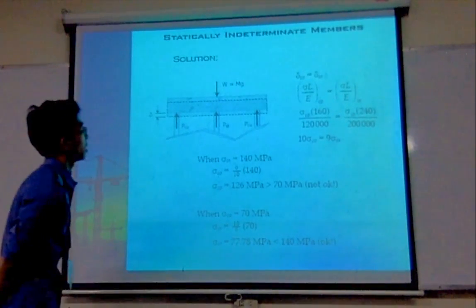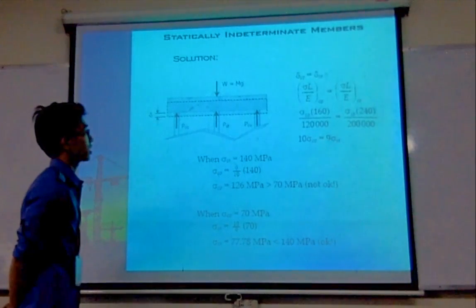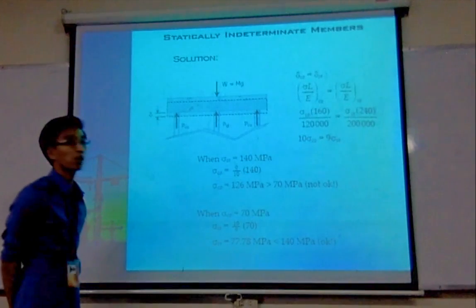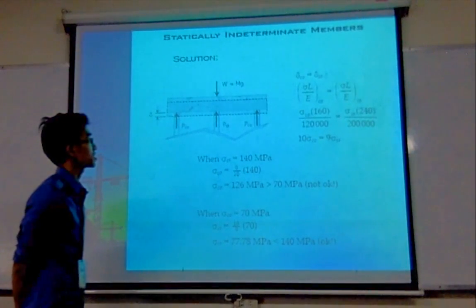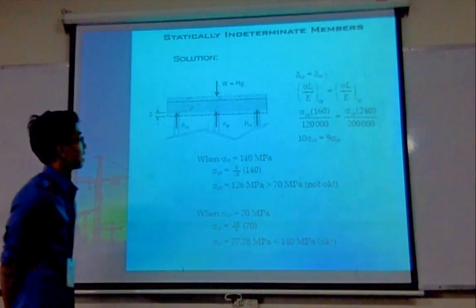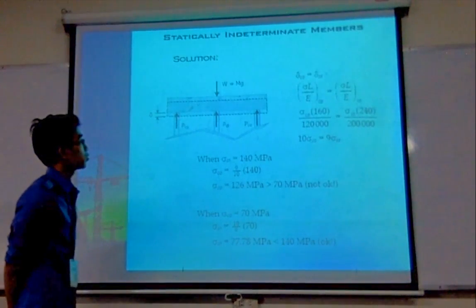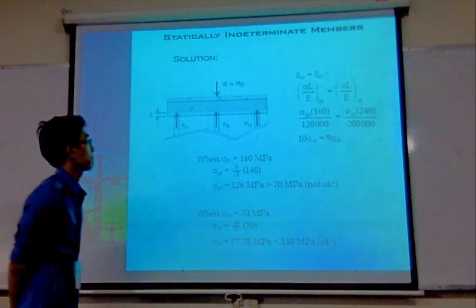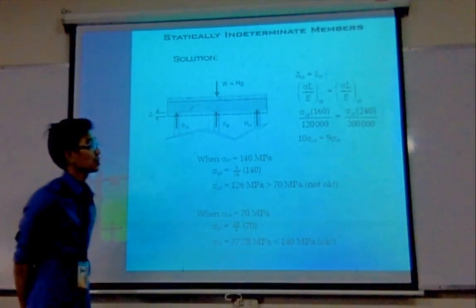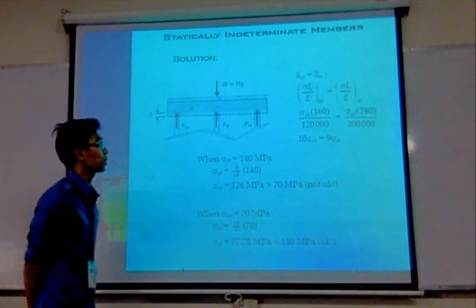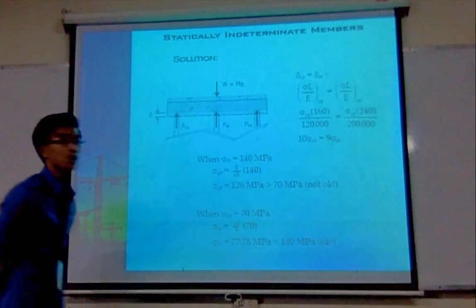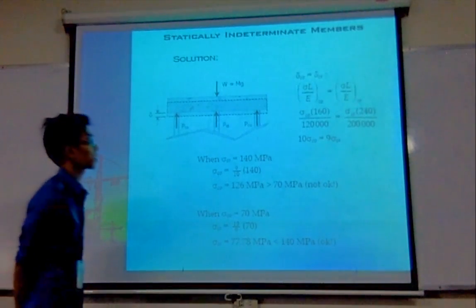First, we will get the deformation of the rods and equate them to each other, since their deformation has to be equal to support the member. Our formula for deformation is force times length all over area times elasticity. But since stress is force over area, we simplify this as stress times the length all over the elasticity.